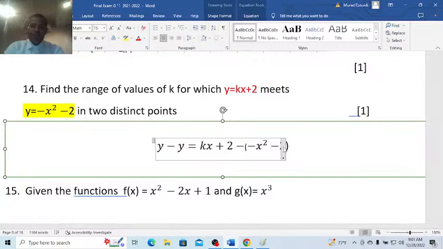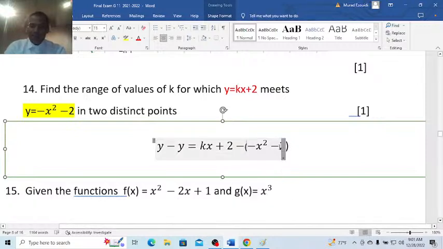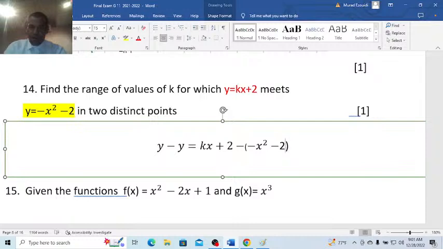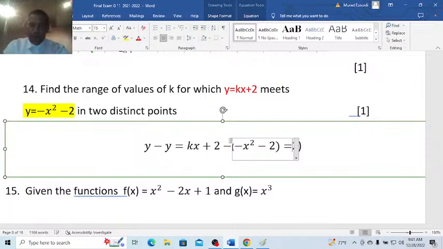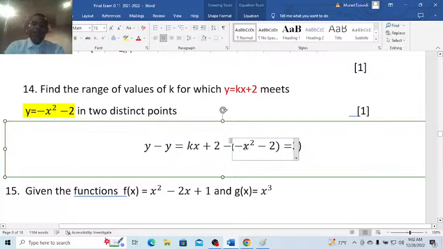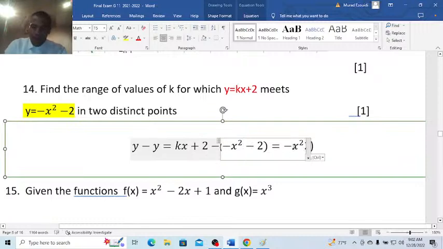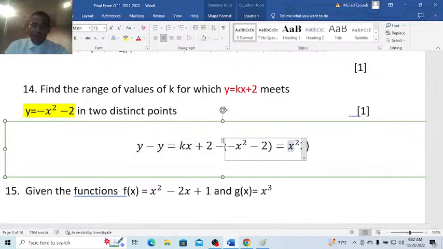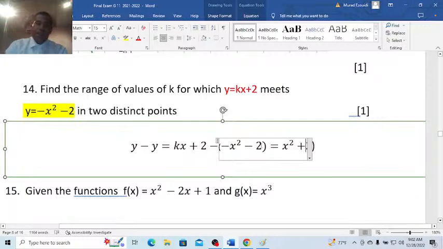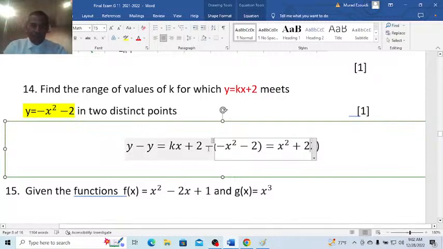Minus a negative gives positive, so it will be x squared plus kx, and then plus 2 plus this 2 also.